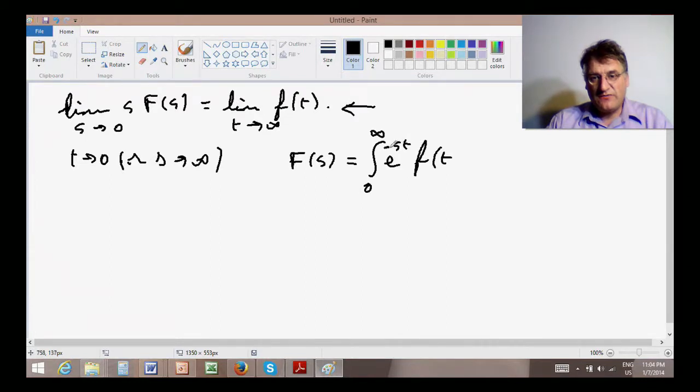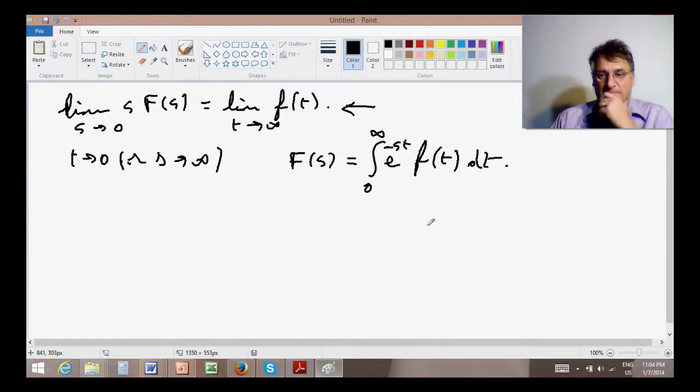Oh, by the way, I always forget that minus. And we are asking about what the value of this thing is when s tends towards infinity.